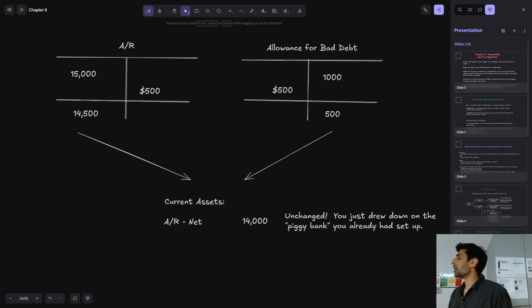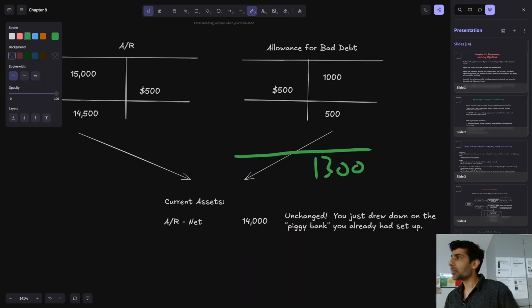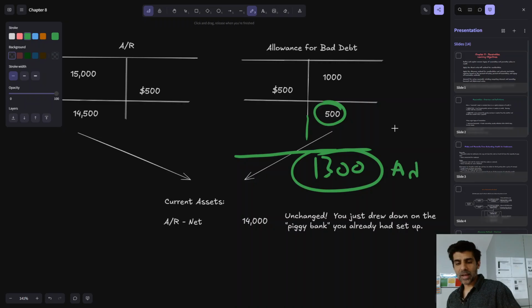Because with some of the methods, you have a balance. You're going to assume that I need whatever $1,300 here. I'm going to assume that this is the balance I need in allowance for bad debt based on my estimates. So what would my adjusting entry be? If this is my ending balance unadjusted, I want this to be my adjusted balance.